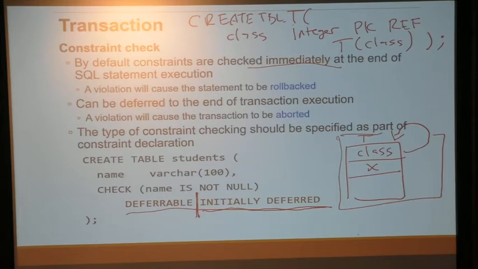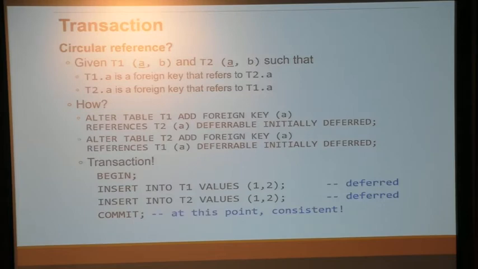You can read about this online, but let me give you one very particular special case that we can handle with simply adding this particular line. I already asked this in the tutorial. This is about your circular reference. You have two tables, T1 and T2. T1.a refers to T2.a. T2.a also refers to T1.a. If you try to insert one by one, it can never be successful because of this circular reference.